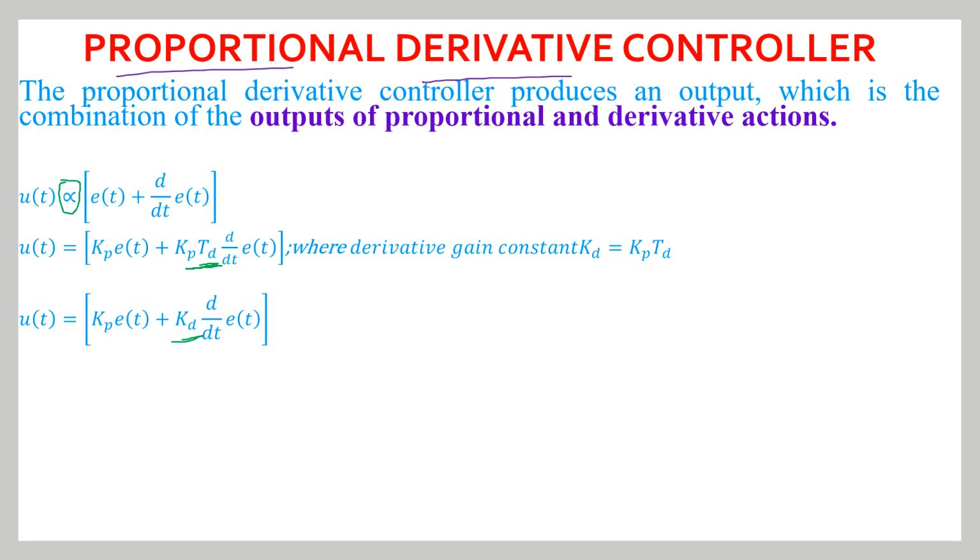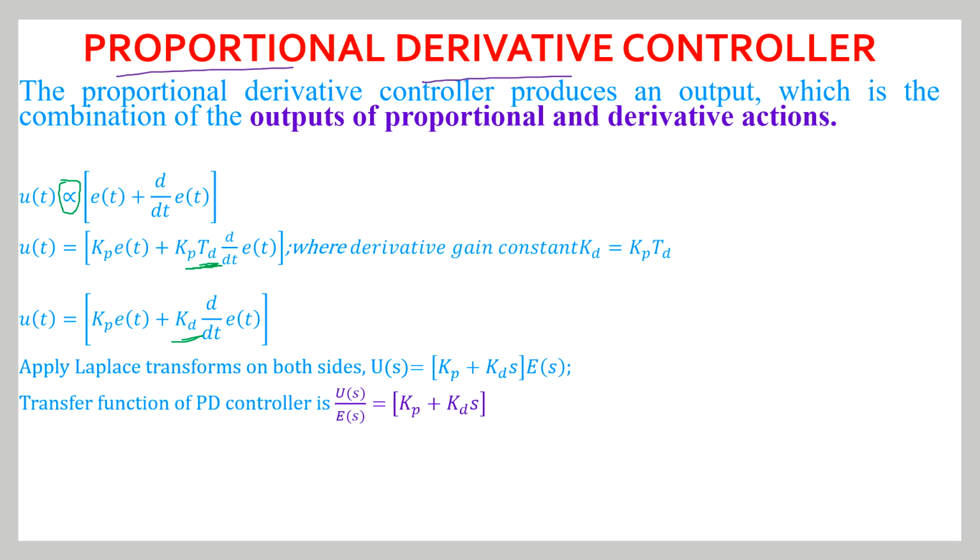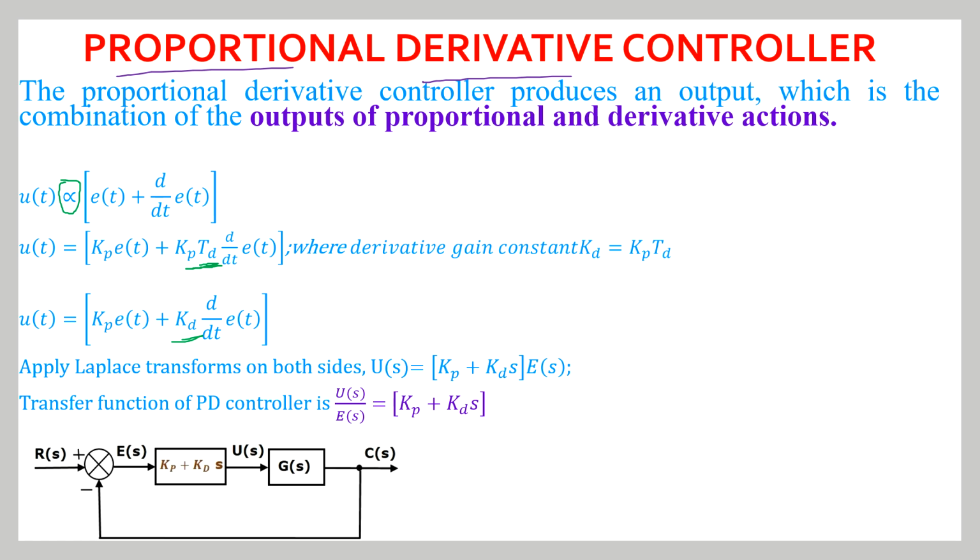Now as usual, let us write the transfer function. Let us take Laplace transform on both sides. U of s will be equal to Kp plus Kd into s into E of s. So we can write the function as U of s by E of s is equal to Kp plus Kd into s. So we can replace the controller block with the term Kp plus Kd into s, which represents the presence of a proportional derivative controller.